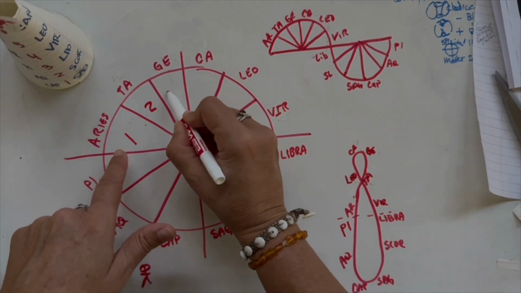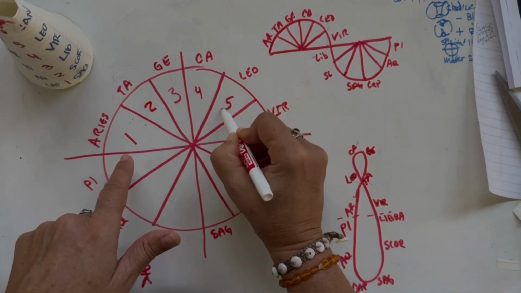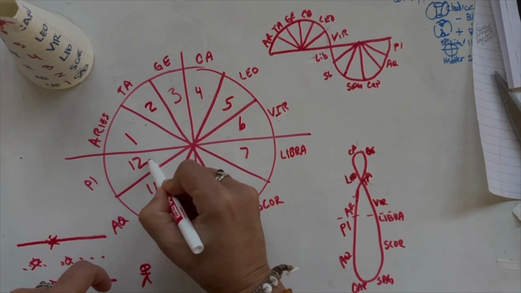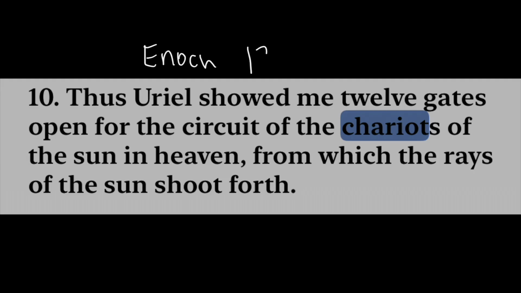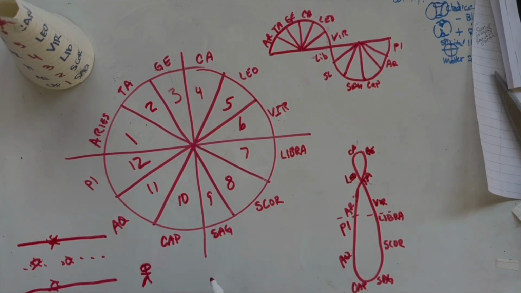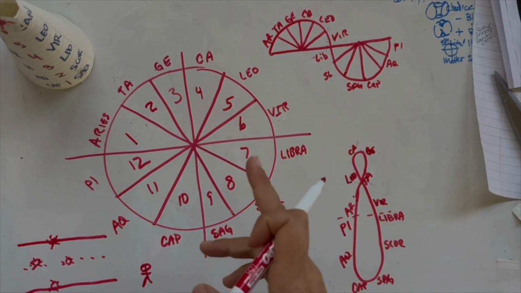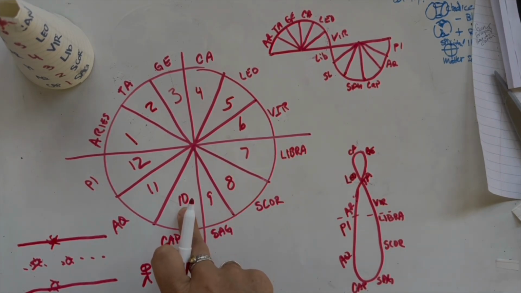So 1, 2, 3, 4, 5, 11, 12. These would be your months. Tenth month being in Capricorn. 10th month being December, DEC, Deci, Deca, 10.